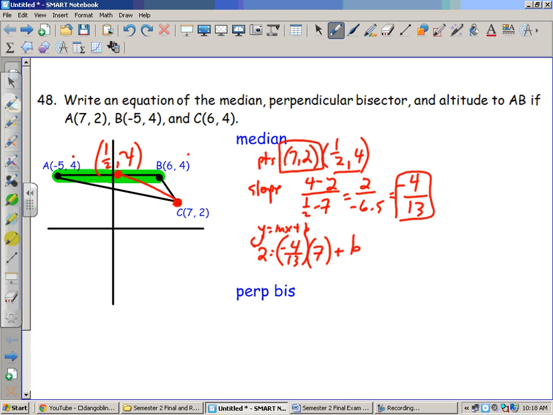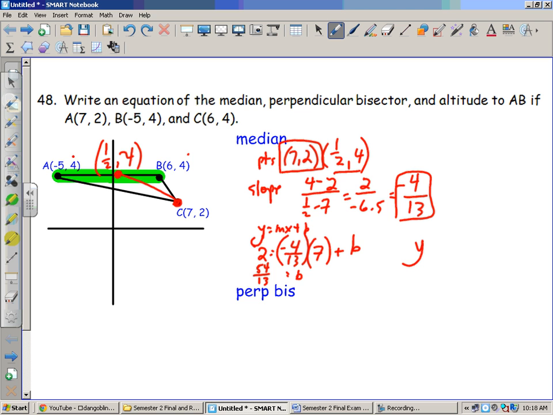When I do this on my calculator, negative 4/13 times 7 gives you negative 28/13. 2 is like 26/13, so 26/13 plus 28/13 gives you 54/13, which isn't pretty, but that's your answer.